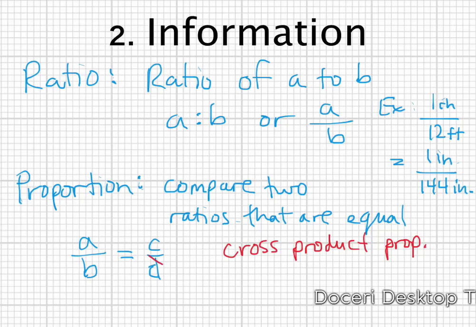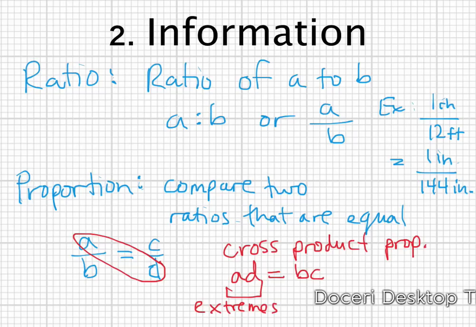So I'm going to multiply A and D together, so that gives me AD equal to, and I'm going to multiply B and C together, which gives me BC. This will be true every time for every proportion, no matter what. Now, one thing we do say, when I multiply A and D, these are called my extremes.